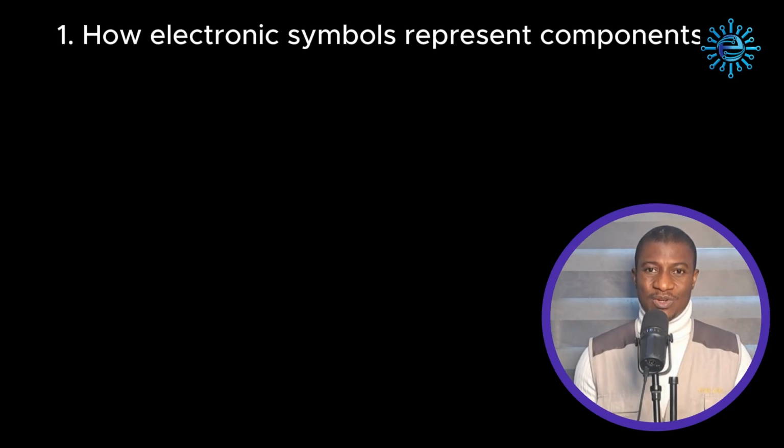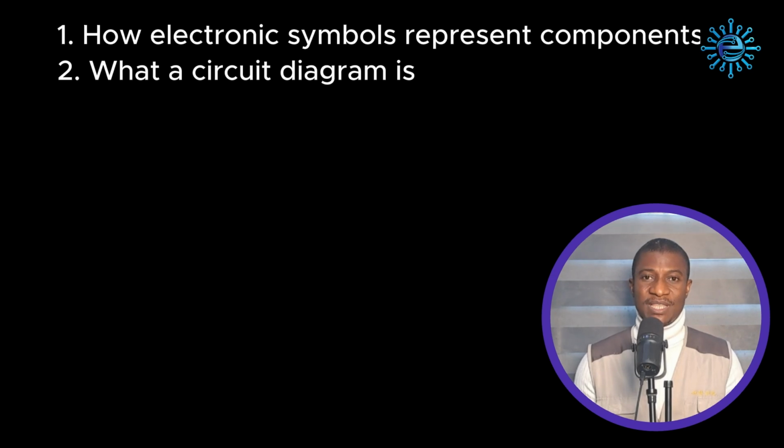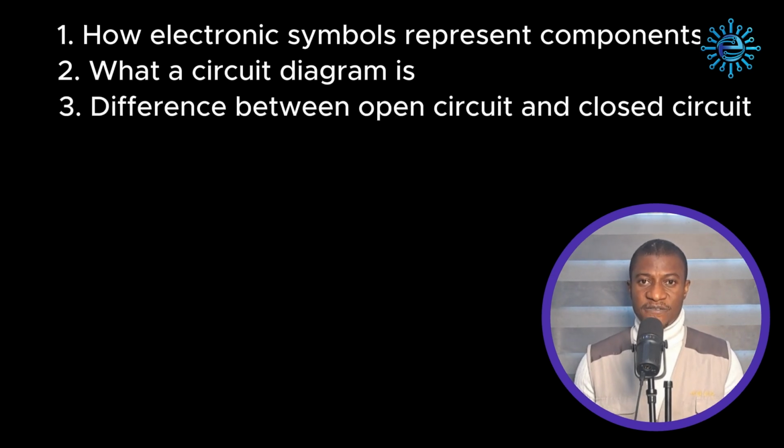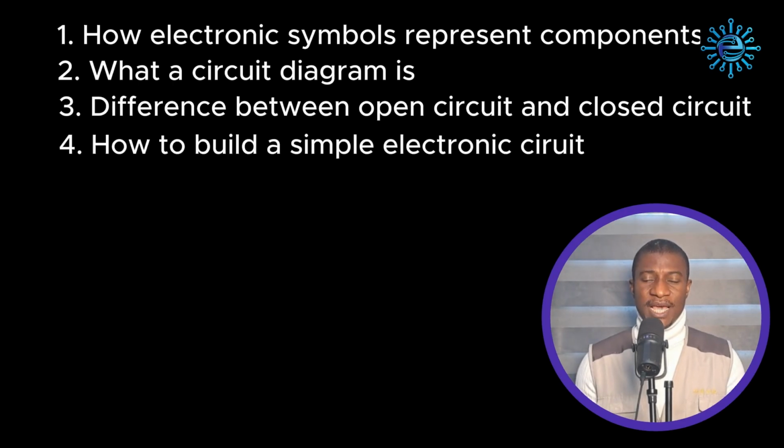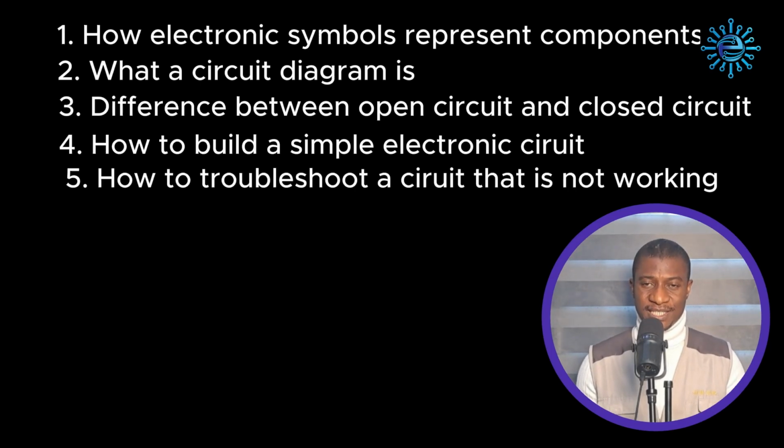Let's quickly review what we learned today. We learned how electronic symbols represent components, what a circuit diagram is, the difference between an open circuit and a closed circuit, how to build a simple electronic circuit, and how to troubleshoot a circuit when it does not work.